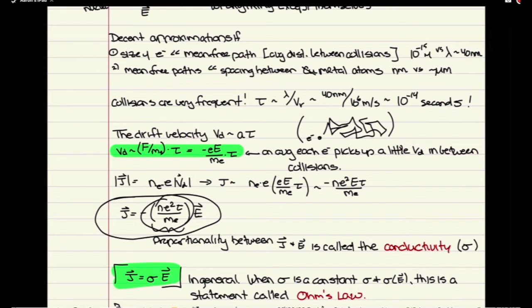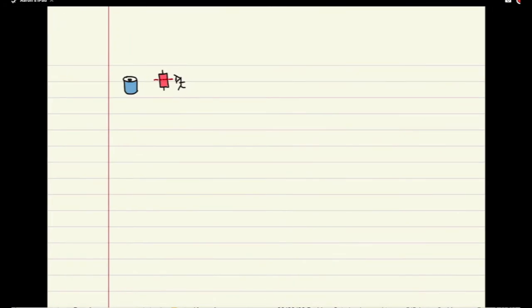That would be the number density. What are the charge carriers, and how are they spaced within the conducting material? So again, it might not be too surprising to realize that the amount of current that can flow through a certain object will depend on how willing or unwilling that object is to let current flow through it.